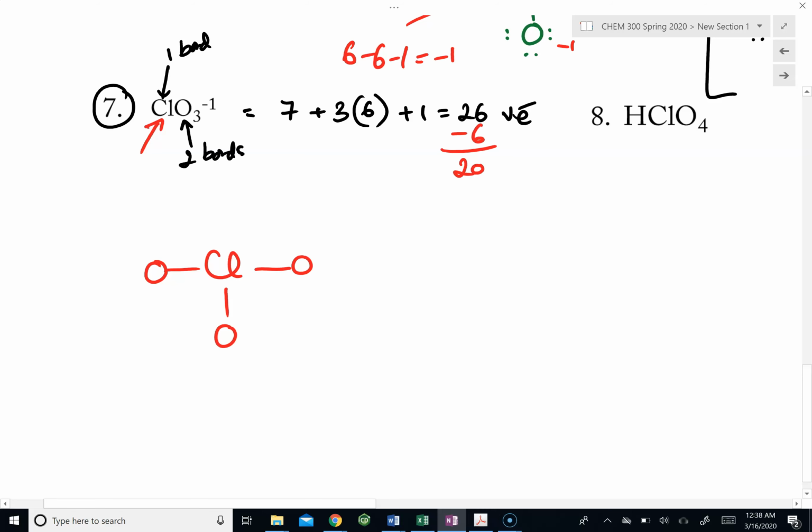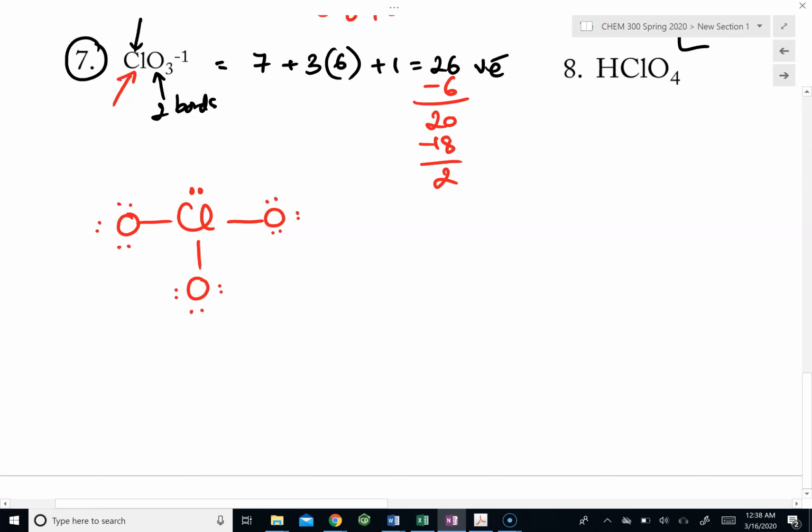With the 20 remaining, we give them to the terminal oxygen, and each terminal oxygen needs 6 electrons to complete its octet. That is 18 electrons for the 3 oxygen, and we now have 2 remaining. So what do we do with the remaining 2 valence electrons? We give them to the central chlorine as a lone pair. Now we see all of the atoms have an octet of electrons.